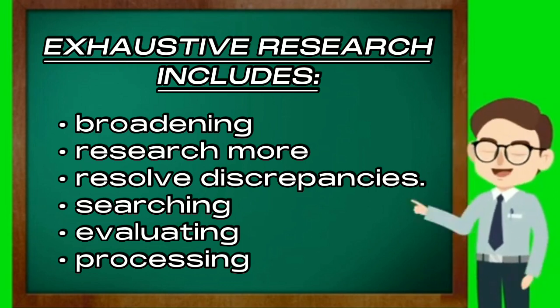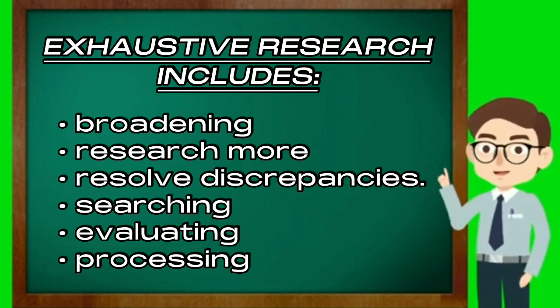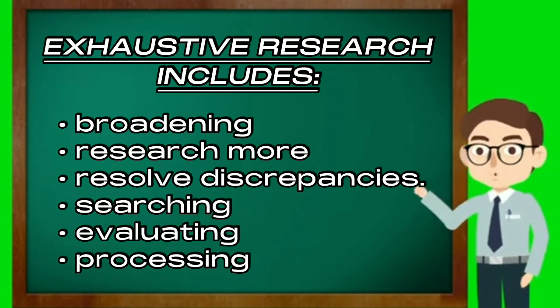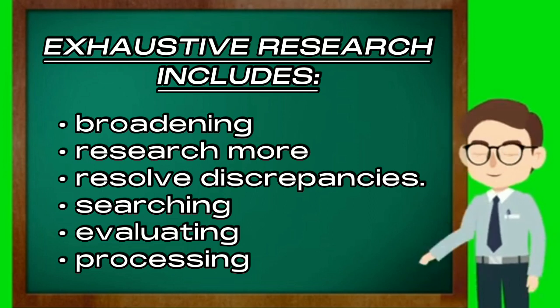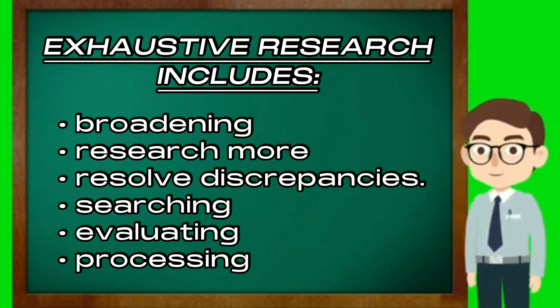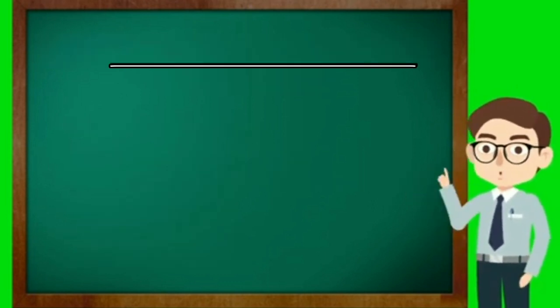In exhaustive research, some information may conflict, pushing us to research more until we can resolve discrepancies. Exhaustive research goes beyond researching to the mental effort of evaluating and processing our data to be sure we can test our theories. If we don't have enough data to test, we broaden our search.